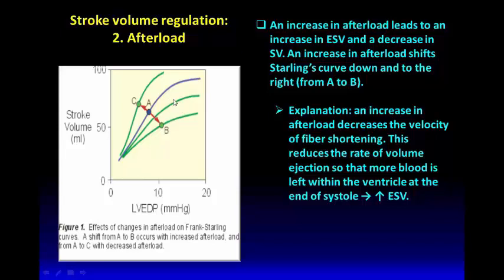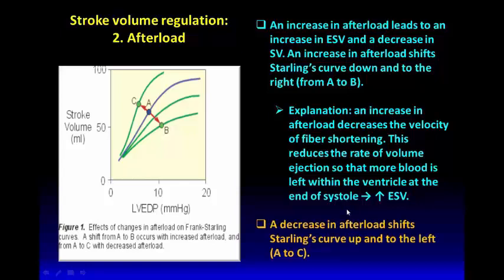With the increased afterload, the velocity of shortening of the left ventricular myocardial fibers decreases, so this reduces the rate of ejection from the left ventricle, and as a result of that, more blood is left in the left ventricle by the end of systole, resulting in an increase in the end systolic volume. And as the end systolic volume increases, the stroke volume decreases.